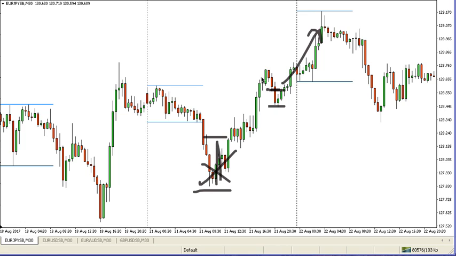So location on its own is not an edge either. It's the size of the candle and how price moves. If this pulled back a little bit more before it went on, then this could have been a loss. All you're really doing is increasing trade frequency with this.